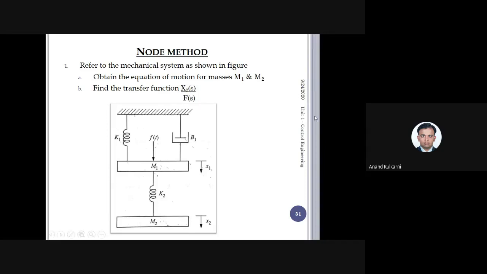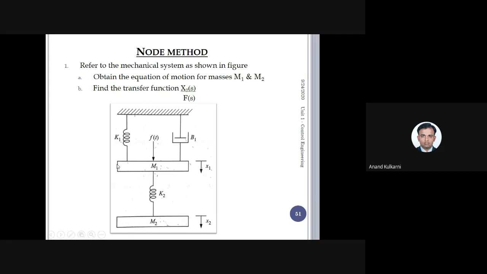The reason why we understand the node method is that, given any complex mechanical system, we have to write a mathematical model or equation for it, and to analyze it we have two methods. One is called the free body diagram and the second one is the node method.